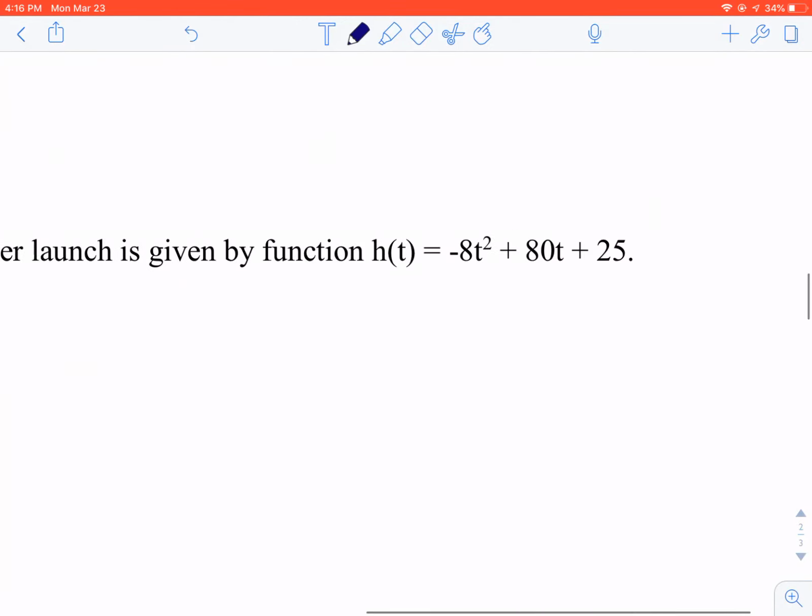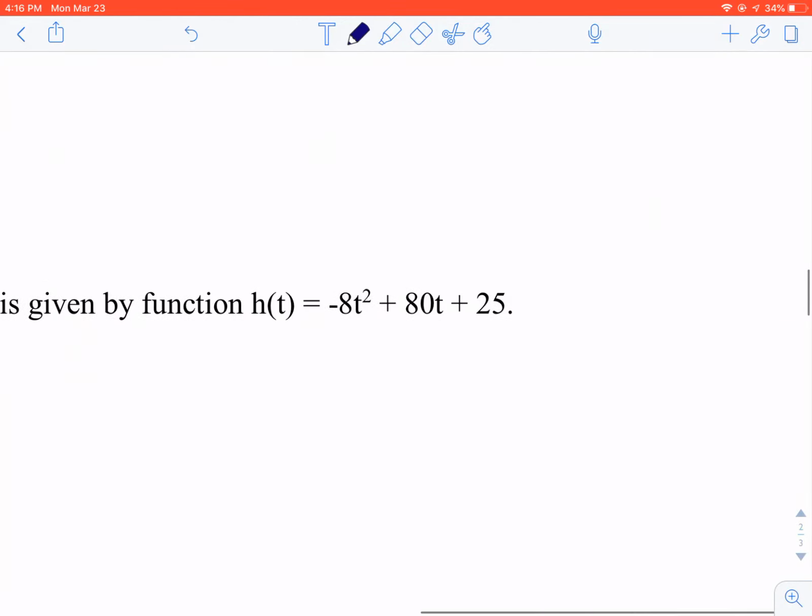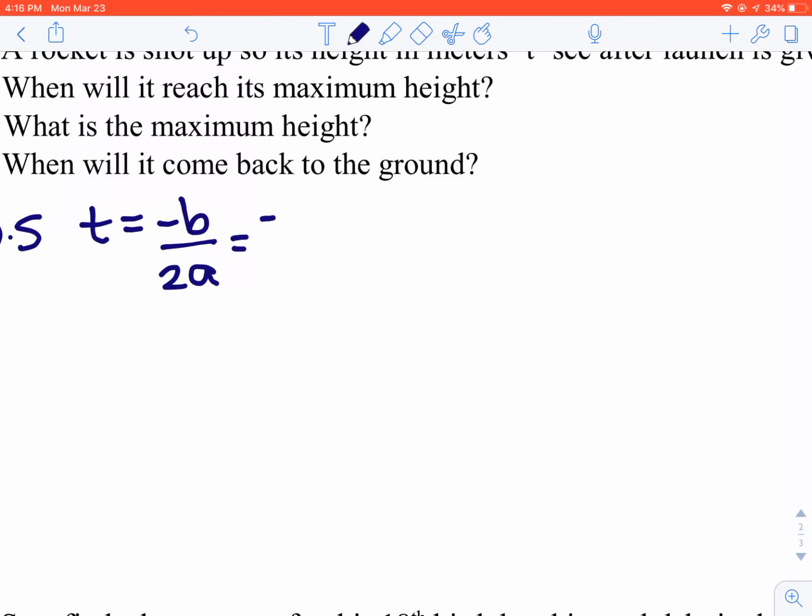So that's negative 80 divided by 2 times negative 8. All right, it's upside down again. And t needs to be positive. A negative time doesn't make any sense at all. So if I do this, it looks like it's at 5 seconds. So that's when it reaches its maximum height.